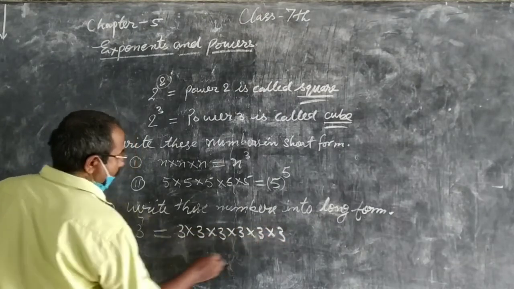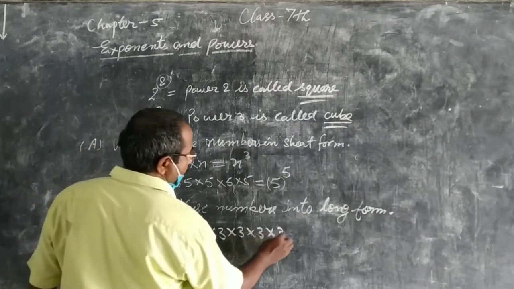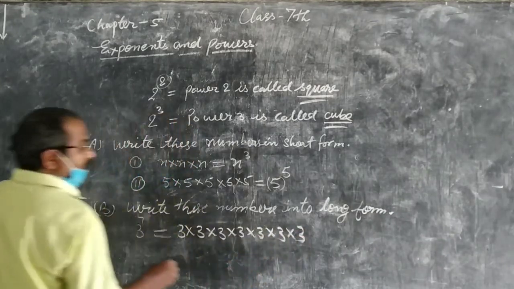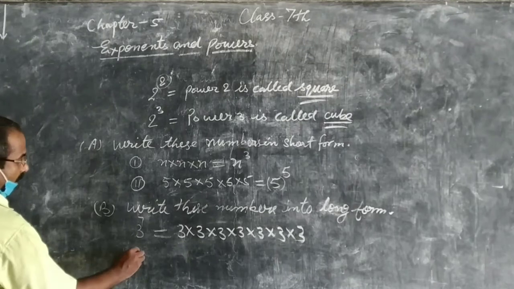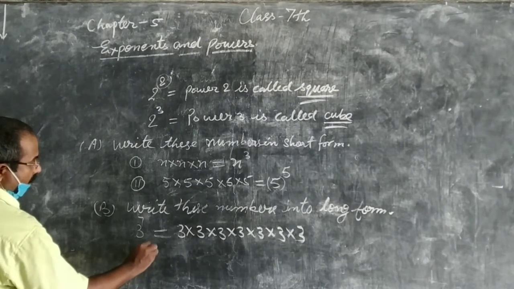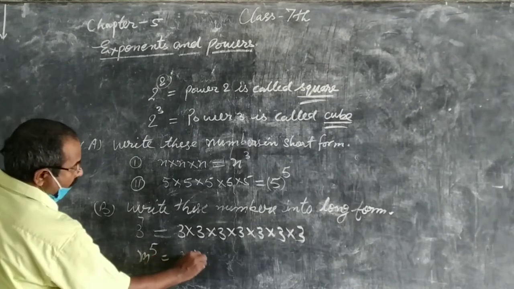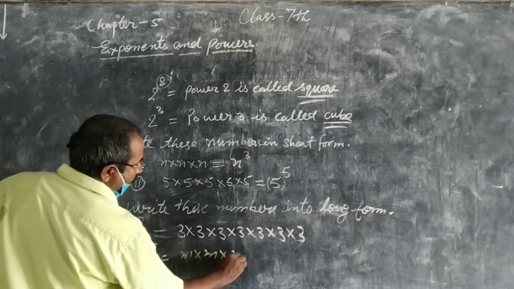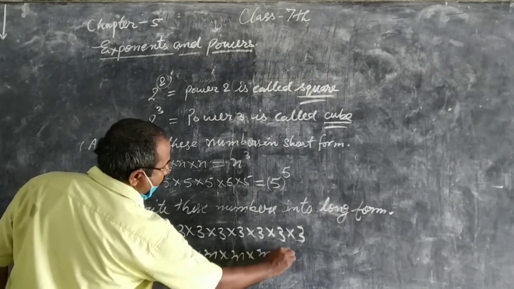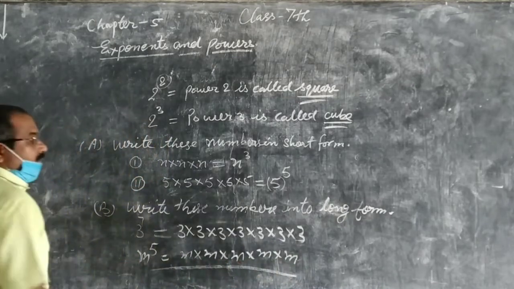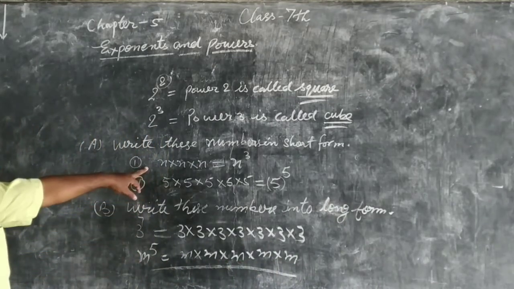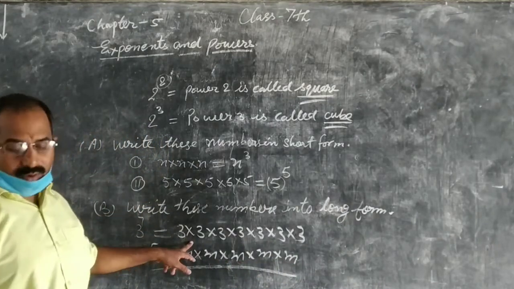How many times? 7 times. This is the long form. If m to the power 5 is written, you will write m up to 5 times. So this is the short form and this is the long form.